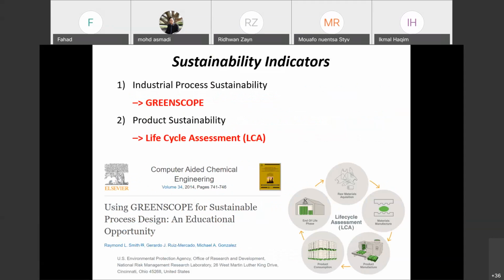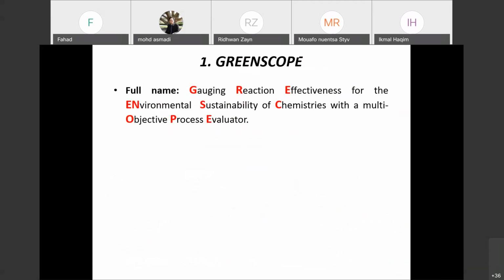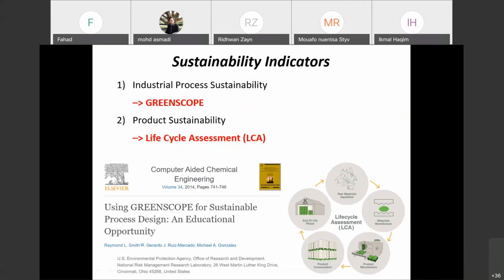This is a short form; later I will explain the longer name. I think the full name is Gauging Reaction Effectiveness for the Environmental Sustainability of Chemistry with a Multi-Objective Process Evaluator. That is the longest name.